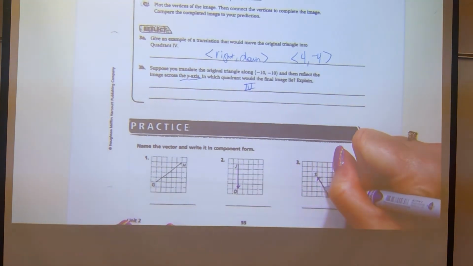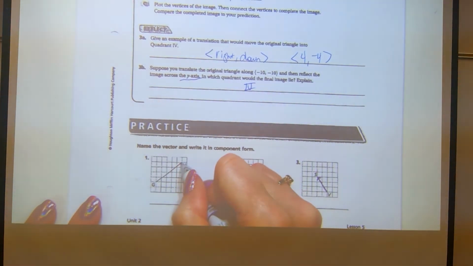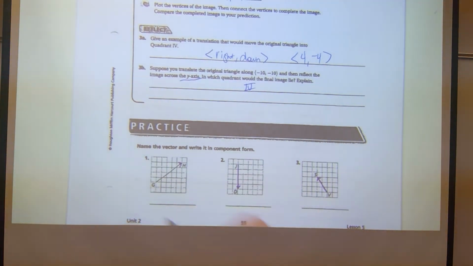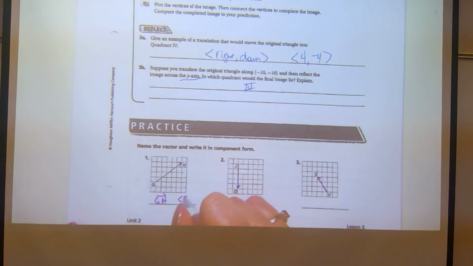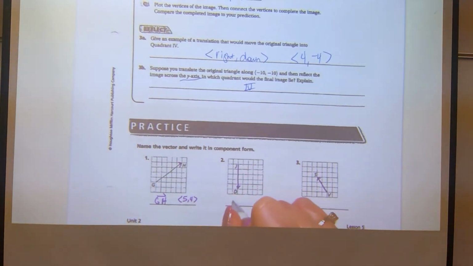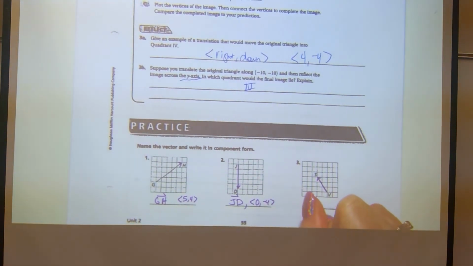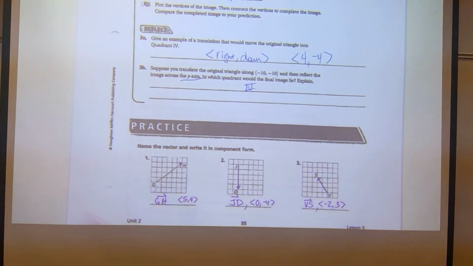There is the vector with S and V. This one has G and H. The arrow is right there. And your answers should match mine. There isn't any leeway for this one.